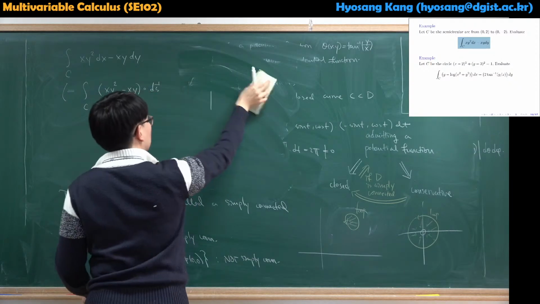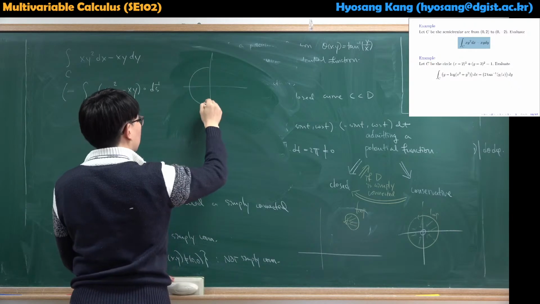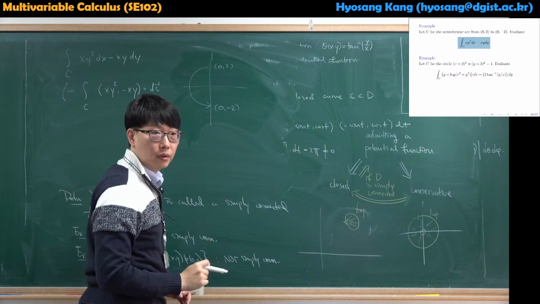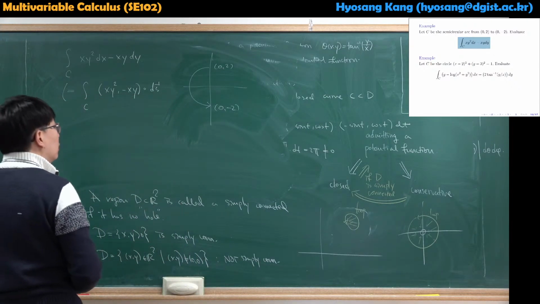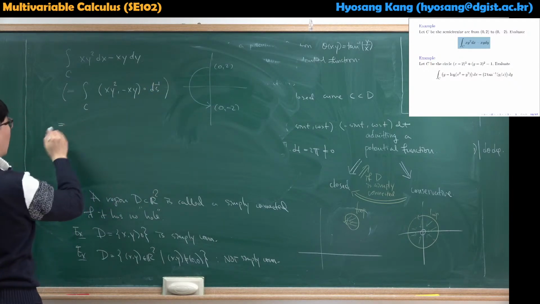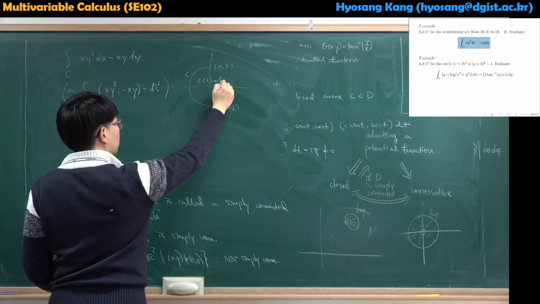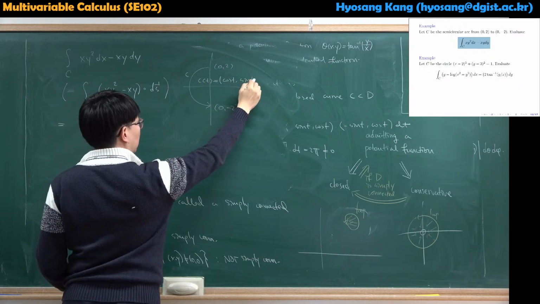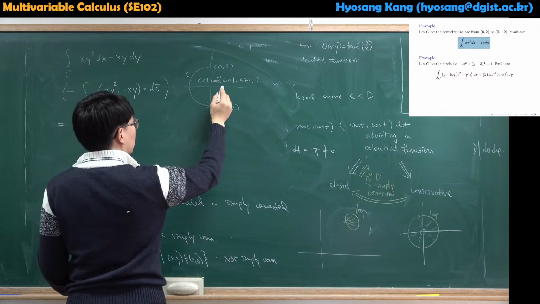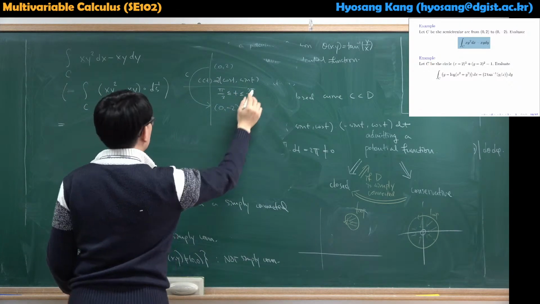I'm assuming that C goes from (0, 2) to (0, -2). So I have to parameterize this curve C. C(t) equals 2 times cosine t and sine t, with t from pi over 2 to 3 pi over 2.